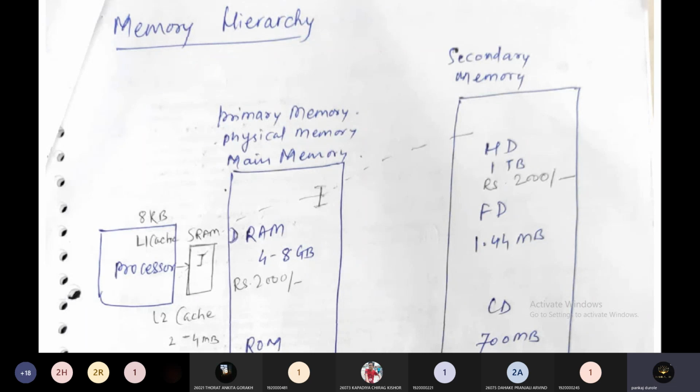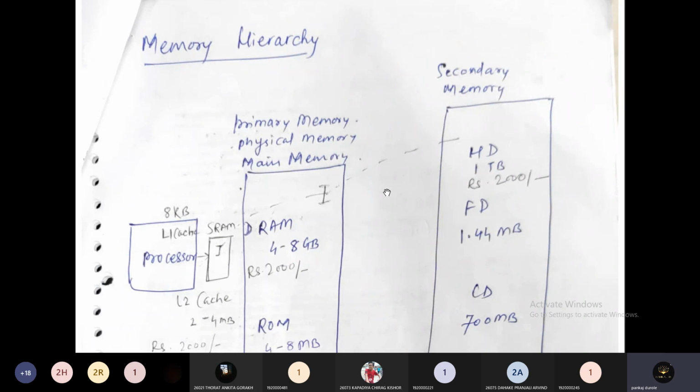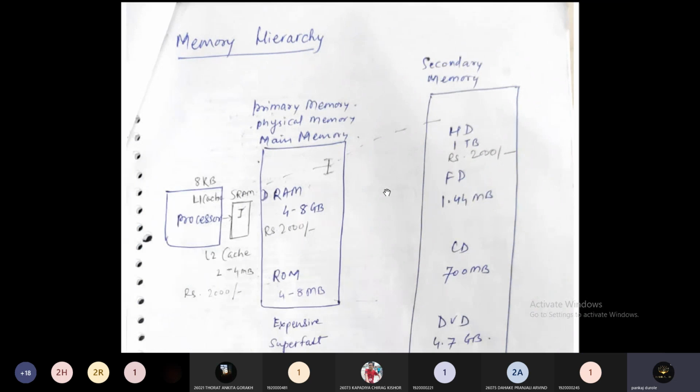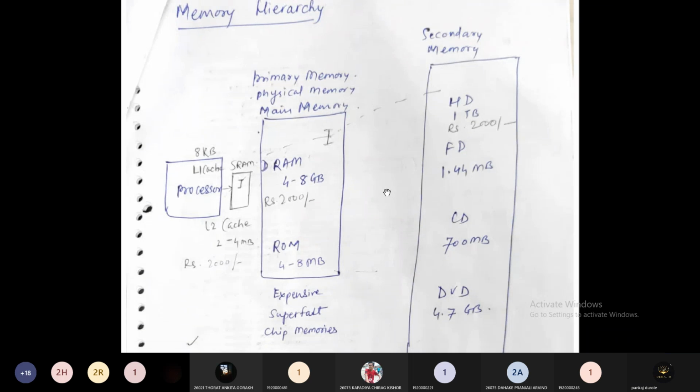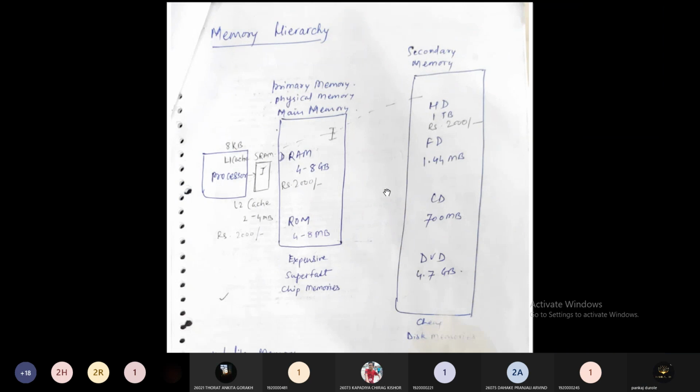So the same pyramid I have represented with a different diagram, but the purpose of both diagrams is the same.